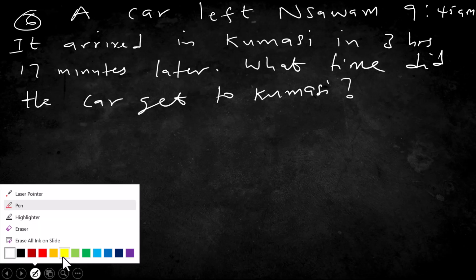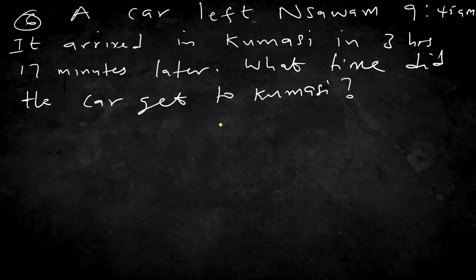All right, let's go through this question. A car left Suhum at 9:45 a.m. It arrived in Kumasi 3 hours 17 minutes later. What time did the car get to Kumasi? Very simple.